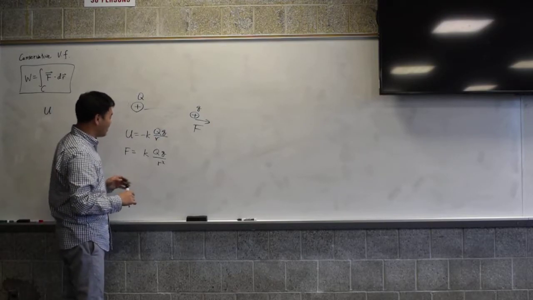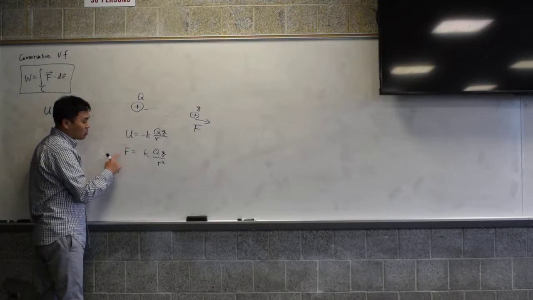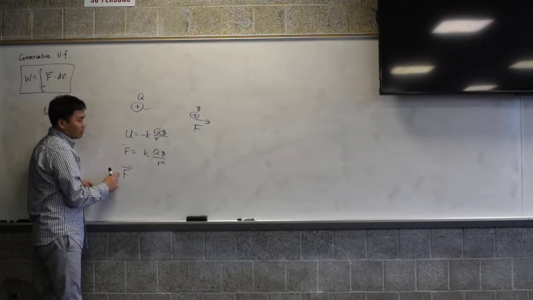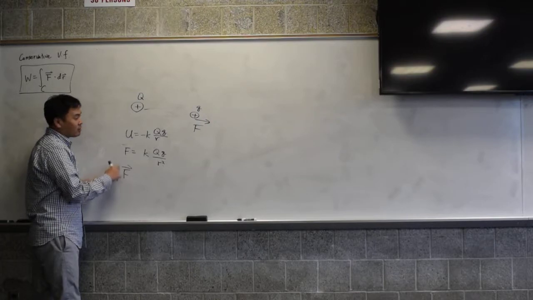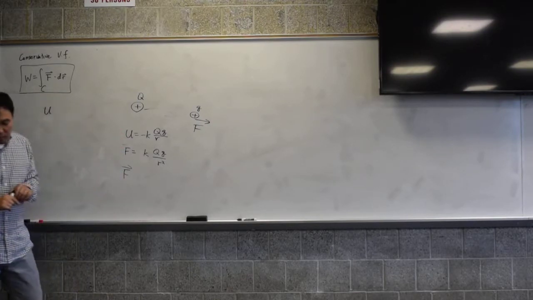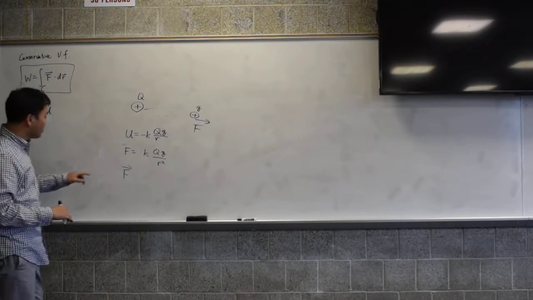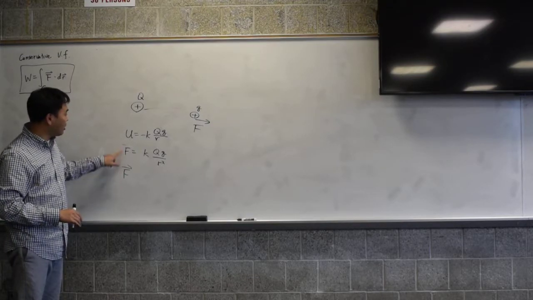Actually, what's happening is this is a vector, whereas this is only the norm of this vector. So the force is a vector that arises from some potential energy, and it's really the gradient of this thing.